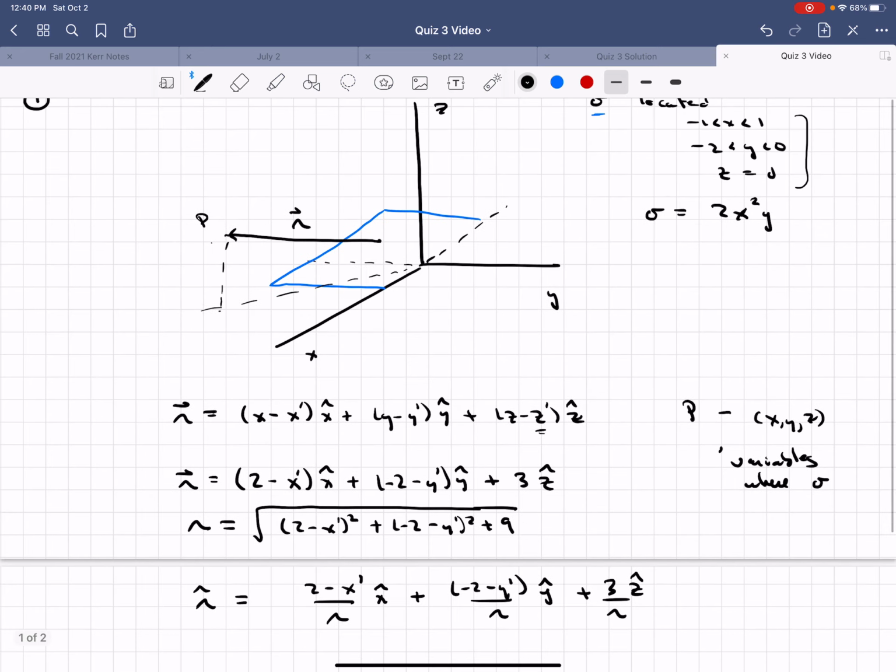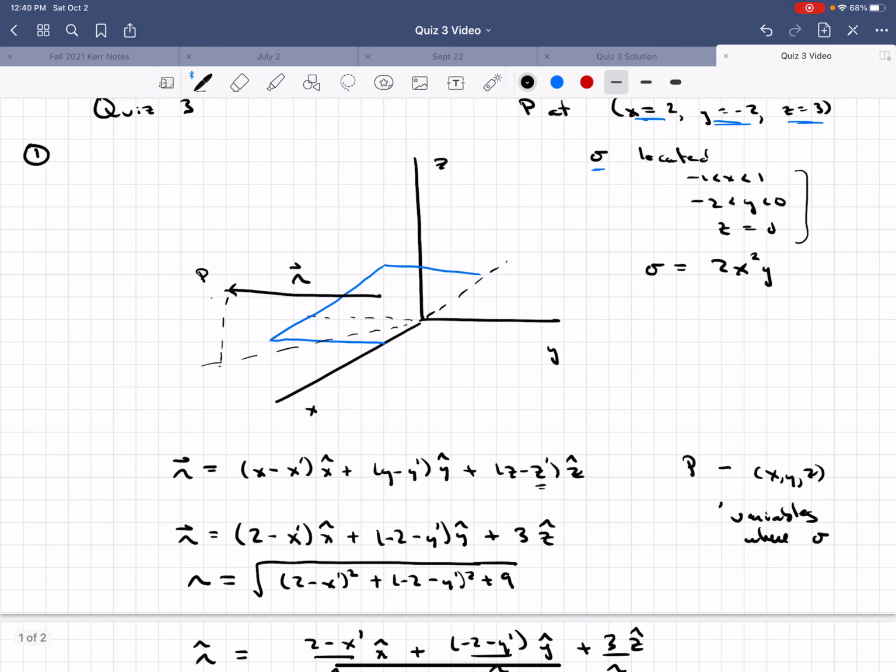And that's useful because if this little point here is creating electric field at the point P, then the little bit of electric field is given by 1 over 4 pi epsilon naught dq over r squared times separation r hat.